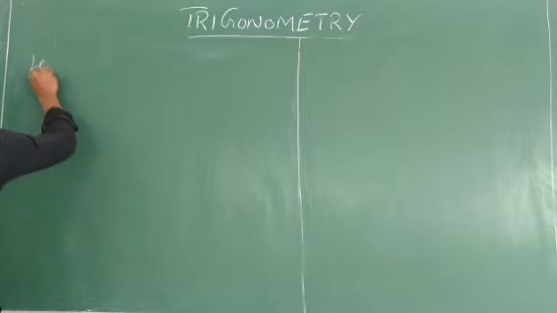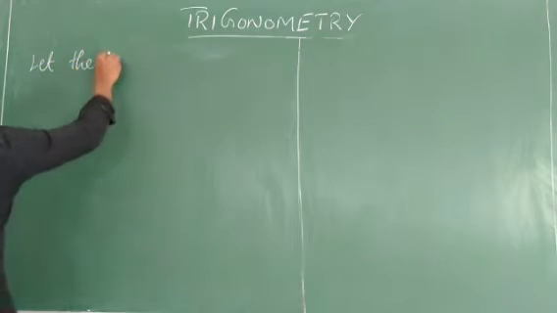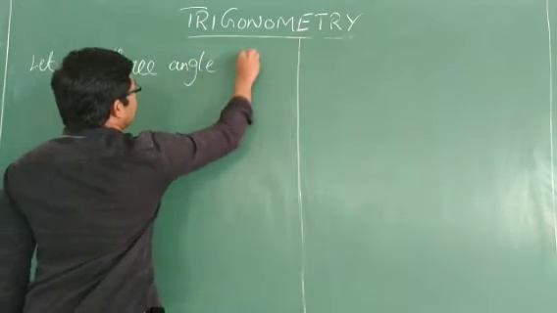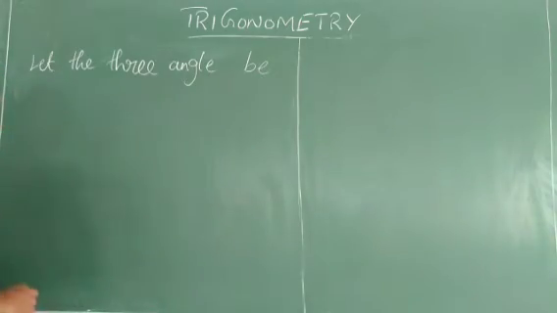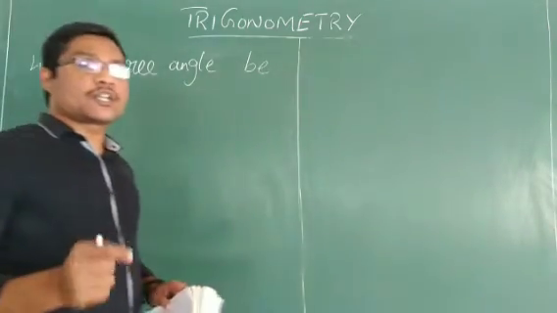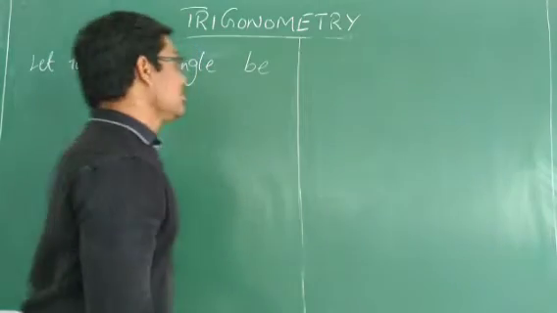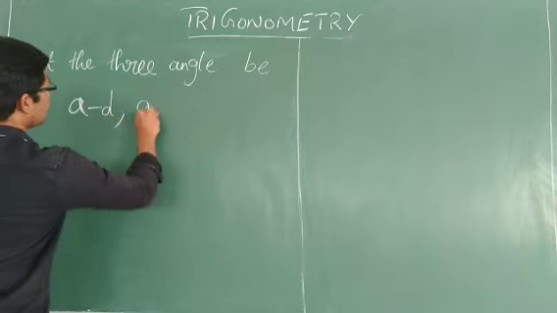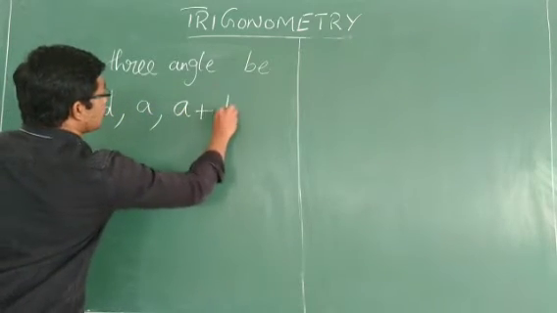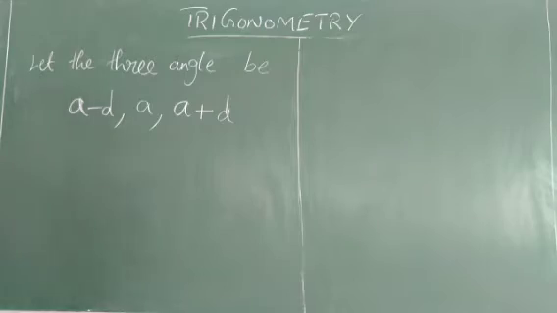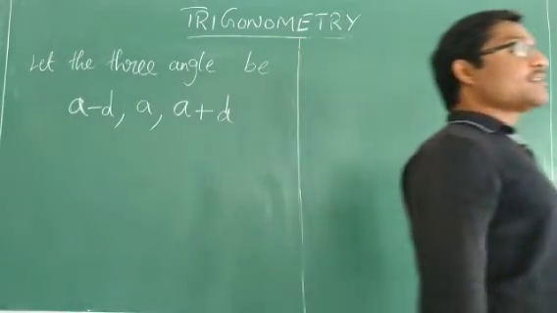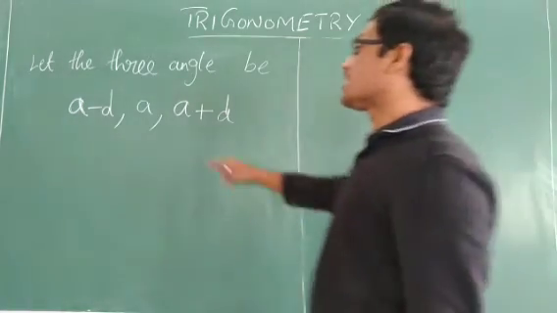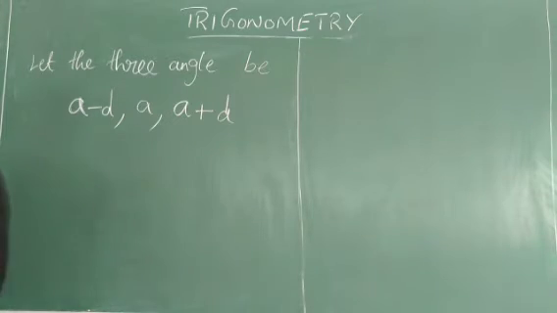So let the three angles be, we can take the first three numbers in arithmetic progression as a minus d, a and a plus d. These are the three angles in a triangle because the angles are in arithmetic progression.